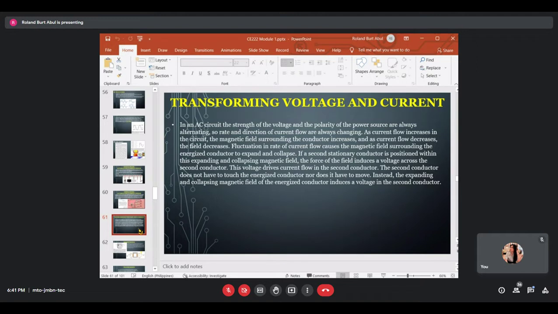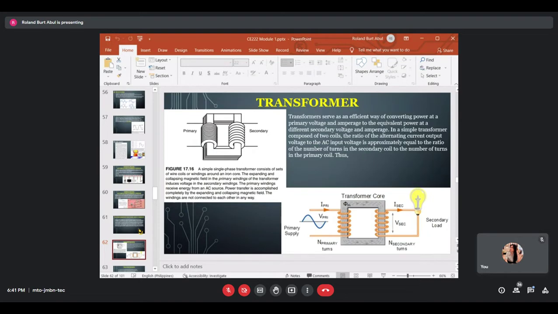If a secondary stationary conductor is positioned within this collapsing and expanding magnetic field, the force of the field induces a voltage across the second conductor. This voltage drives current flow in the second conductor, but the second conductor does not have to connect or touch the energized conductor, nor does it have to move. Instead, the expanding and collapsing magnetic field of the energized conductor induces a voltage in the second conductor.